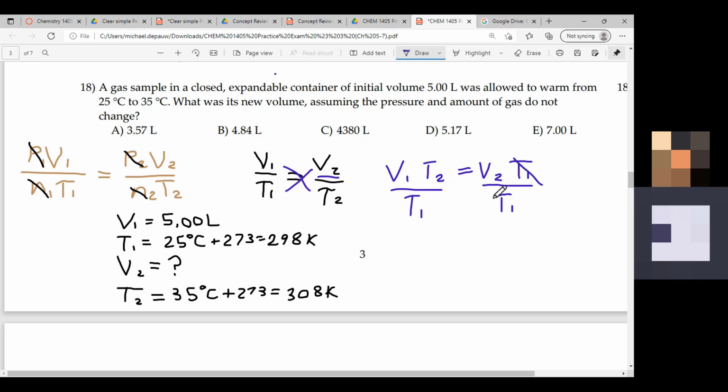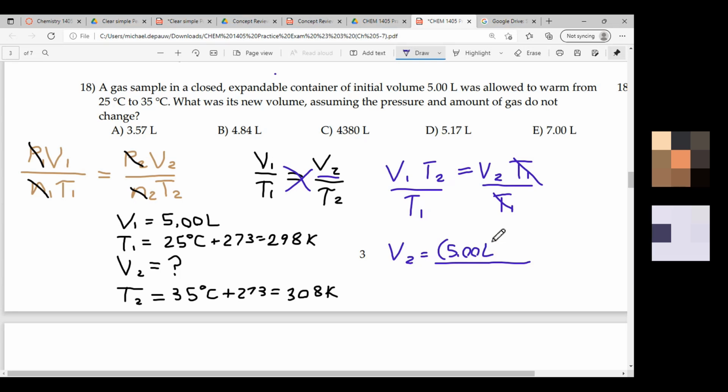So this cancels out, and my V2 is going to be equal to my V1, which is 5 liters, times my T2, which is 308, divided by my T1, which is 298.